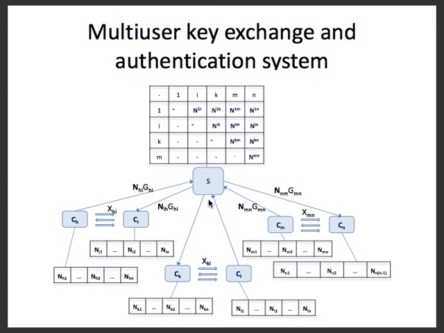Okay, now we can put a server here with matrices, transaction matrices, and clients. All clients have their so-called authentication number, which is dedicated to another client.